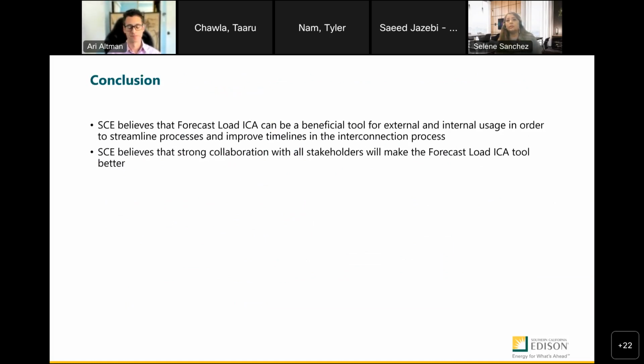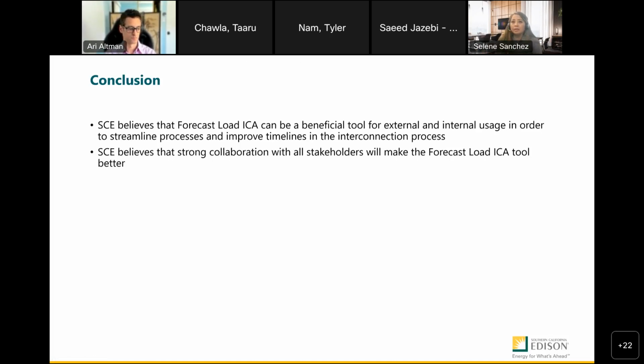So to conclude Essie's portion, we are looking to really expand the current capabilities of ICA. Currently, our ICA is built with historical data in nature. I see a lot of the questions that are coming on the chat as well as throughout the beginning of this presentation.